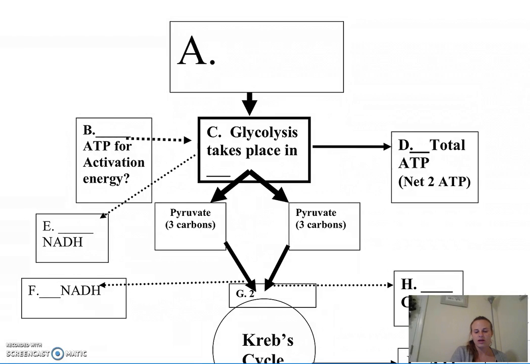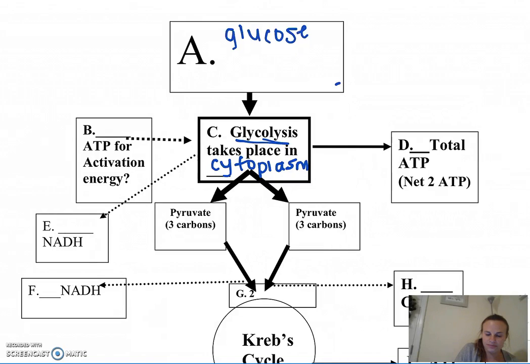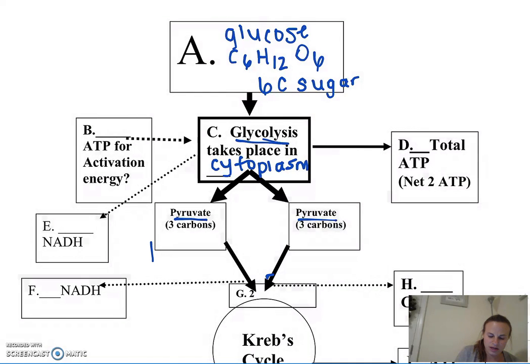So first of all, glycolysis takes place in the cytoplasm, and it involves breaking down glucose, which has the chemical formula C6H12O6. It's a 6-carbon sugar, into 2 pyruvates. Pyruvate is also called pyruvic acid. Now, how many ATPs are required to activate glycolysis? 2.